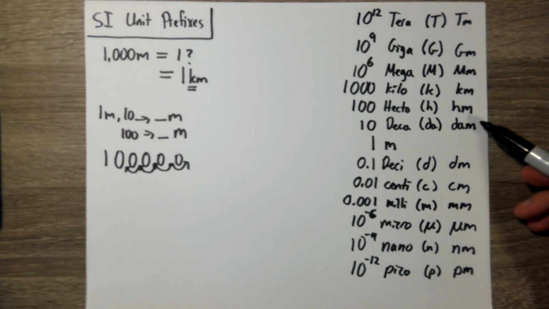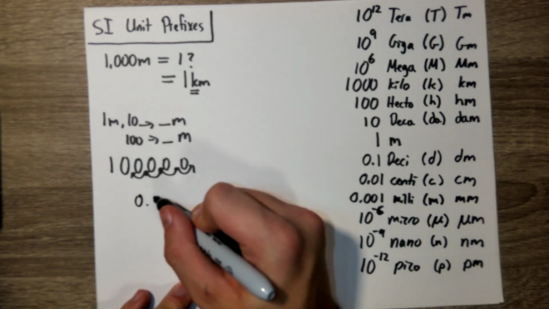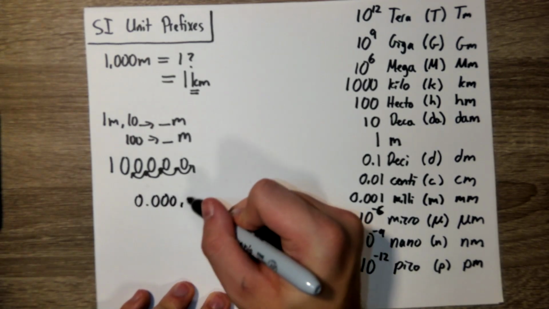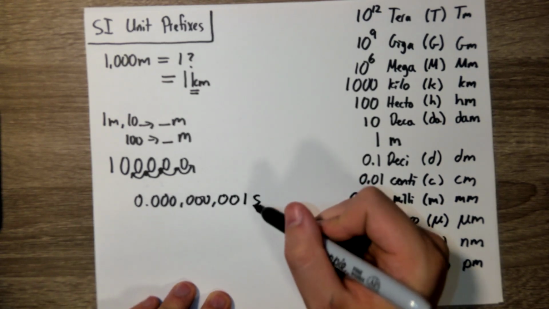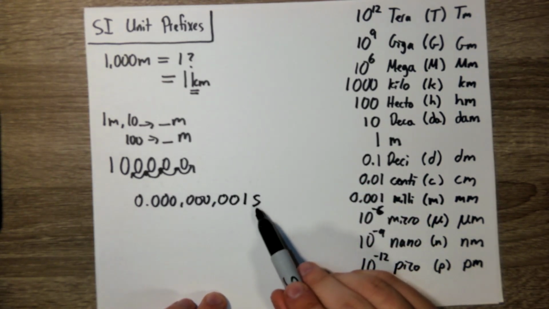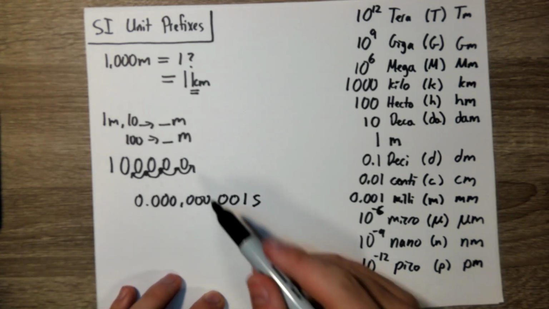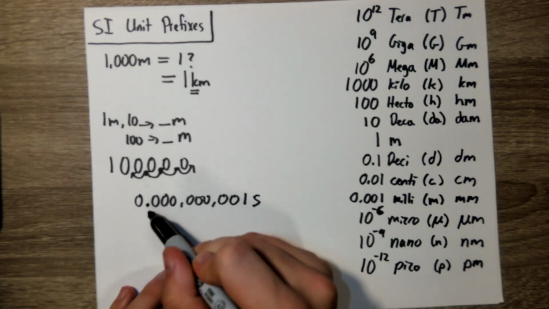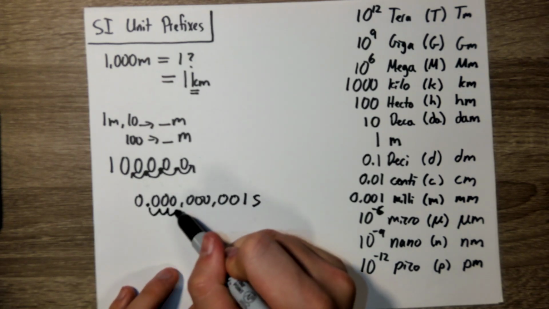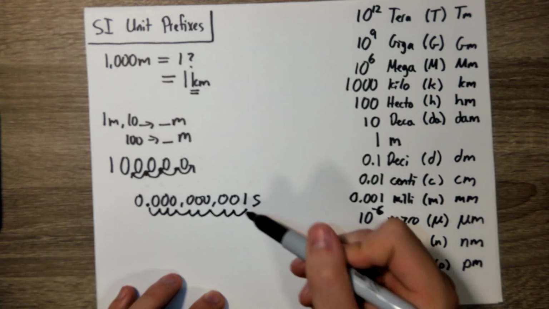But like I said, you can use any unit in the SI system after these prefixes. So if you have, say, this value, a billionth of a second, you can look at the decimal places and say, okay, how many decimal places am I from here? 1, 2, 3, 4, 5, 6, 7, 8, 9.